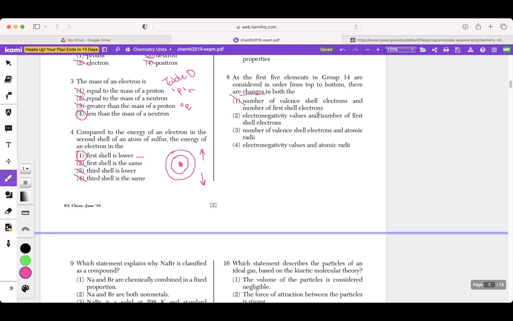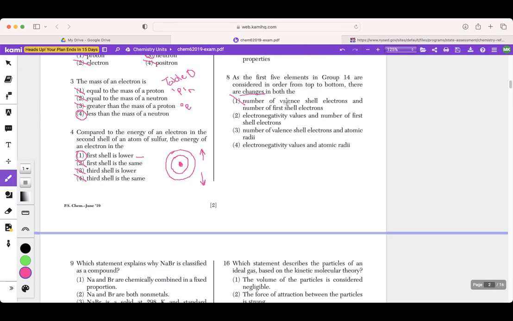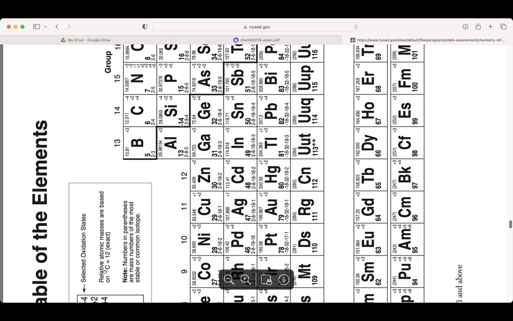Choice 2, electronegativity values and number of first shell electrons. So we know as we travel towards the bottom of the periodic table, our electronegativity is going to go down. So that first part is true. The number of first shell electrons, let's take a look. 2, 2, 2, 2.